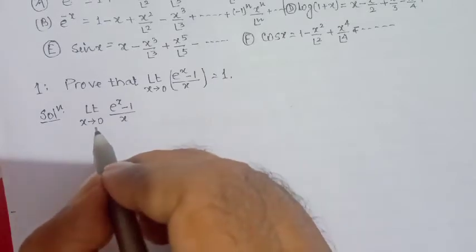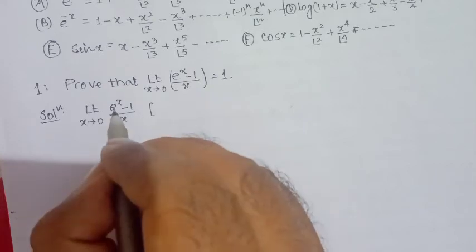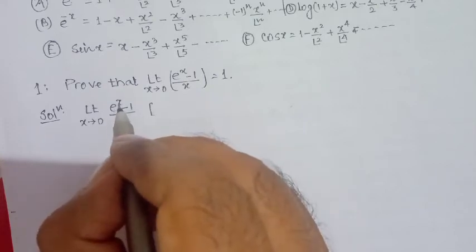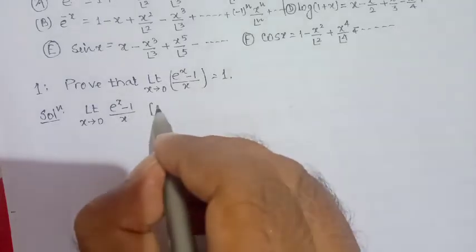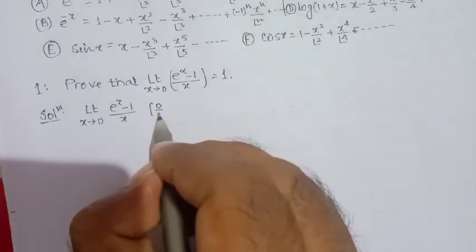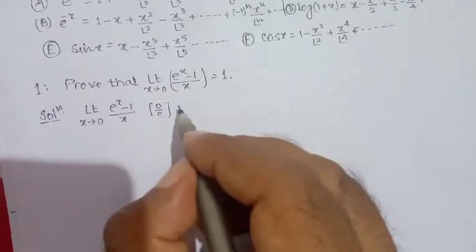If you put x as 0, then it becomes e to the power 0, which is 1, minus 1, 0 divided by 0. So it is of the form 0 by 0. Now simplify.